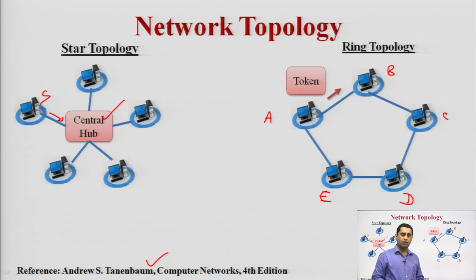To remove these types of conflicts, we use the ring topology, where there is a token and the node which owns the token has the right to send data. This is a good example where there is no conflict, but when we need to send data very frequently, it is not preferable to use the ring topology.